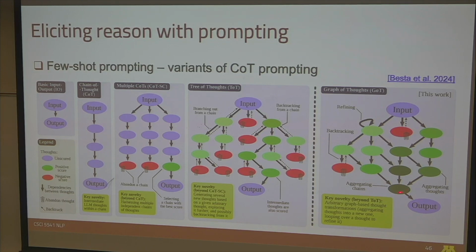And another is this aggregation step, where you can now combine multiple thoughts into one thought. And the rest is the same. You just traverse these thought branches to arrive at the optimal output. But the obvious drawbacks. Okay, go ahead.